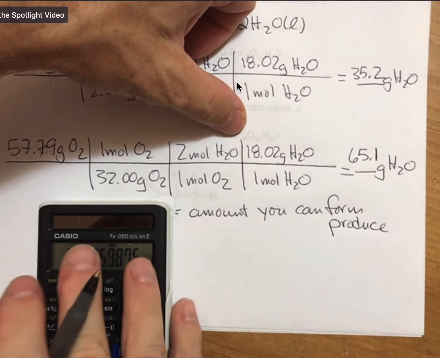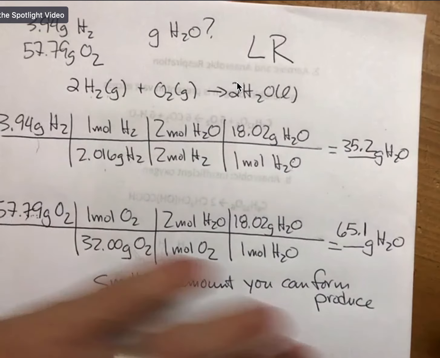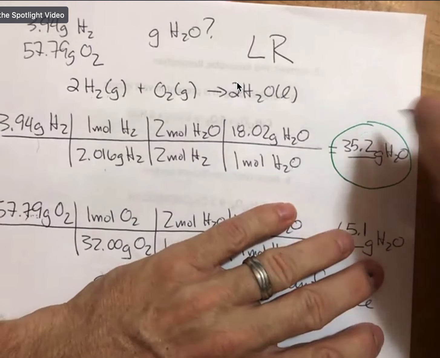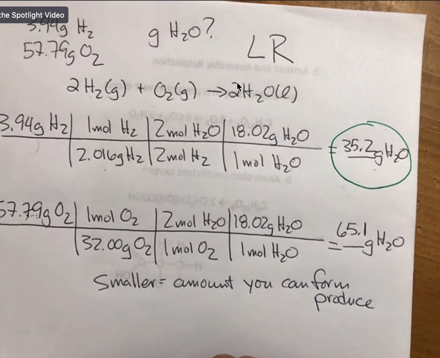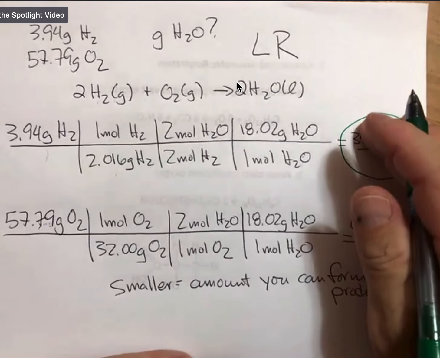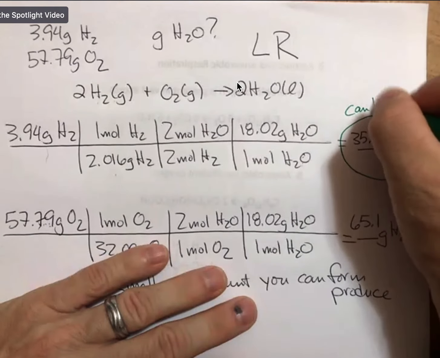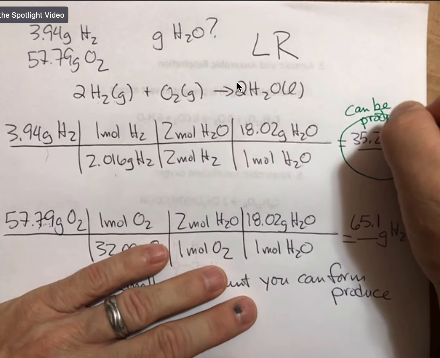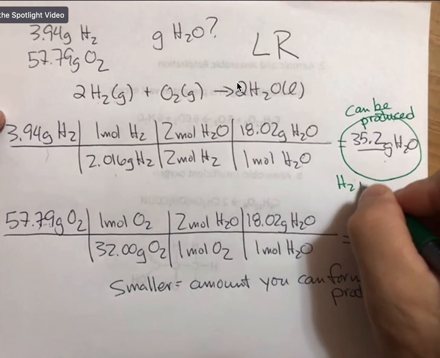And this time I can only make 35.2 grams H2O. It is the smaller amount, and it's only ever the smaller amount, and it's never the sum of them. So 35.2 grams can be produced. And this question didn't ask it, but if it did, H2 is the limiting reactant.